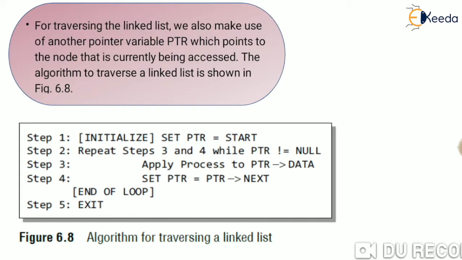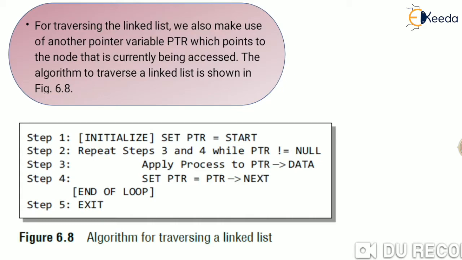Now we are using one loop, so that till we are not getting the null, the process is repeated, and with the help of that we are traversing each and every node. To traverse each and every node, your ptr always points to the data, and then ptr is equal to ptr next, means ptr points to next, so that it points to the next node.